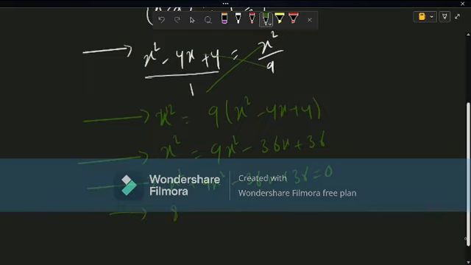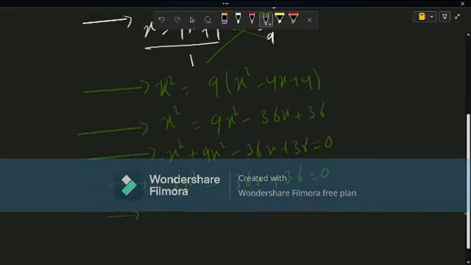That gives you 8x² − 36x + 36 equals 0. This is a quadratic equation. You can take 8 as common. Inside you have x² − 4x + 4, which equals 0.